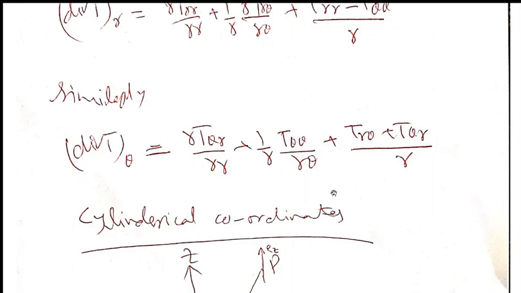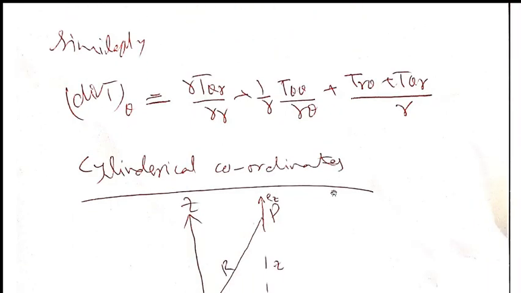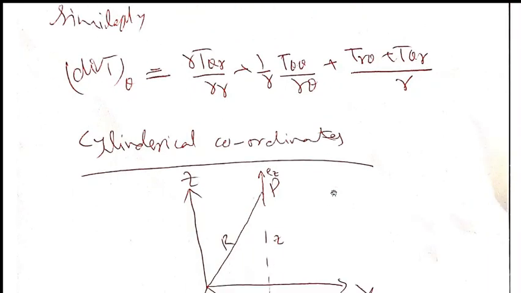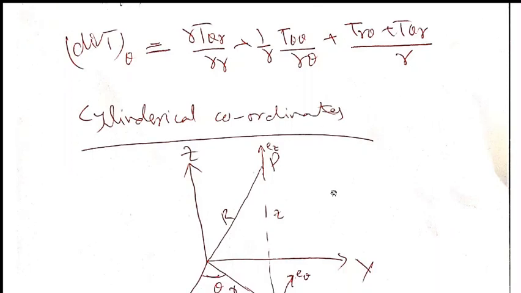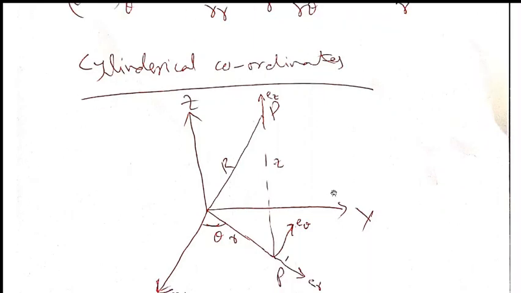Now cylindrical coordinates. In polar coordinates we have basically two coordinates to define a point. Here if you have a point P, then it would have three coordinates, r, theta, and the third coordinate is z, which will be along the axis.